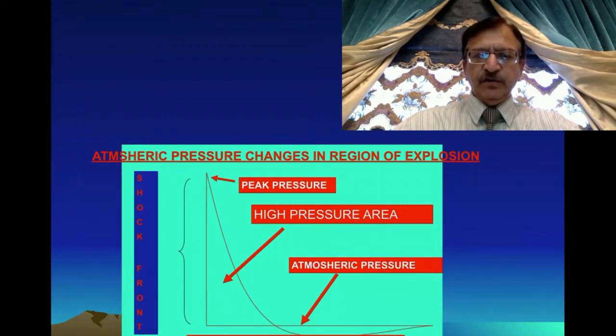There is also a low pressure area. After the wind has traveled circumferentially, there is a low pressure area. The peak pressure, or the time for which the high pressure area is developed, is mainly responsible for the wounding element.